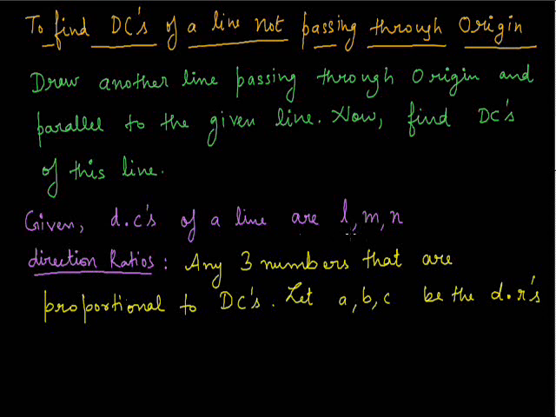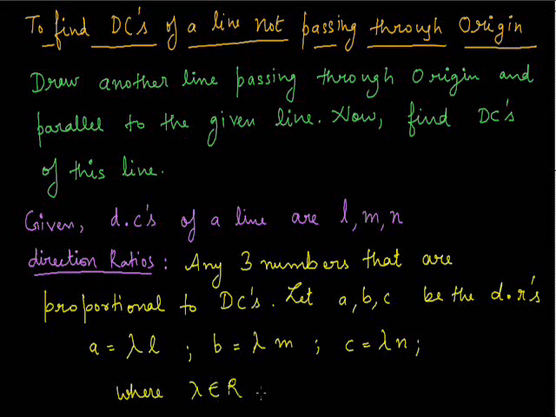So the direction cosines are L, M, N, and the direction ratios are A, B, C. Then A can be written as lambda times L, B as lambda times M, and C as lambda times N, where lambda is a real number and lambda should not be equal to 0. So this is how you can find the direction ratios if the direction cosines are given to you.